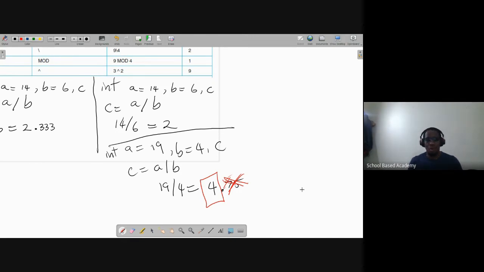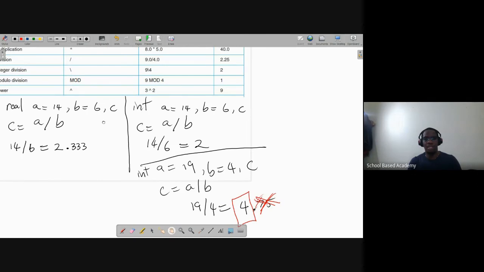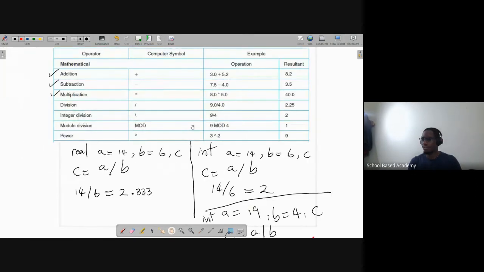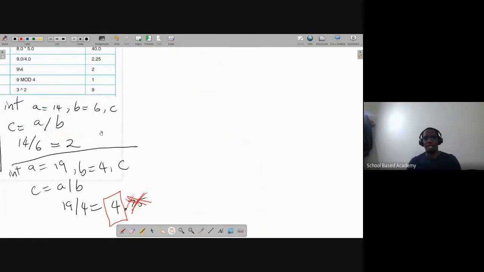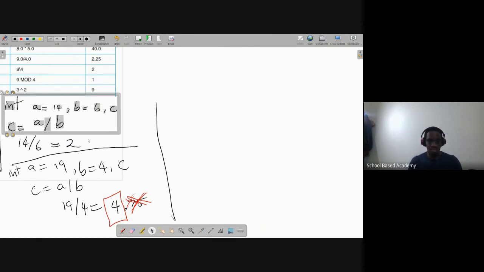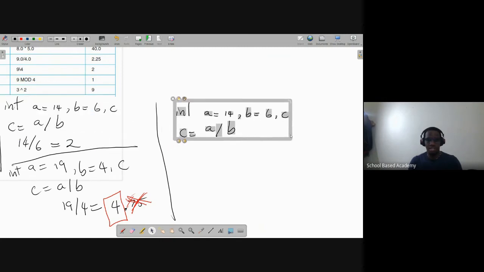But that brings us on to the third type of division, which is modulo division. Modulo division is a division that returns the remainder amount of an operation. So let us take, again, these two integer operations here. I'm just going to copy this here and carry it across. It's supposed to be int.